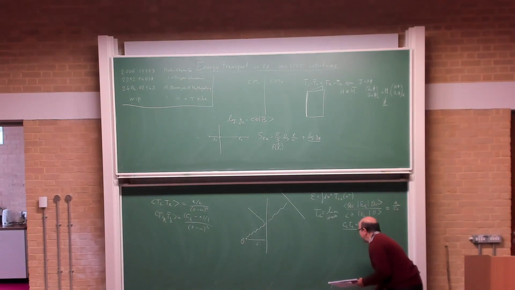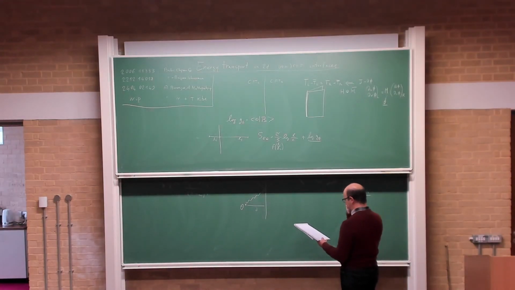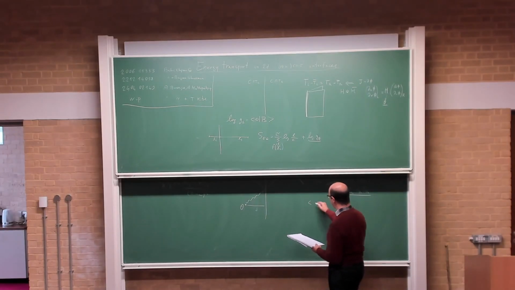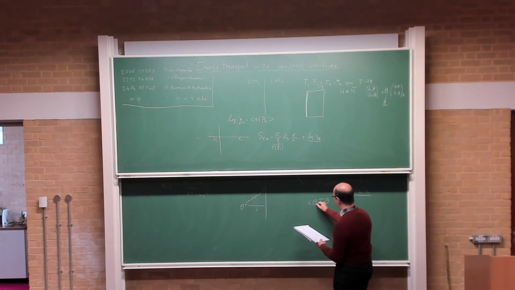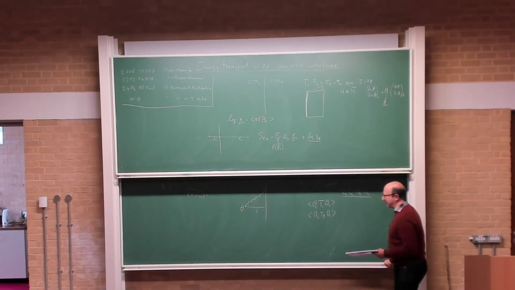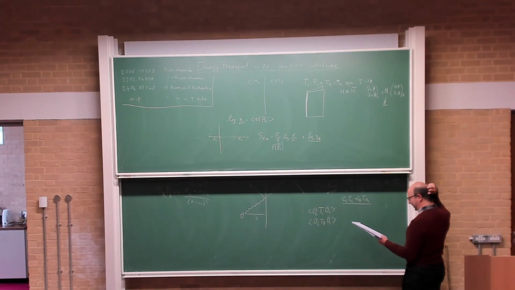Let me do it here. So when O is a holomorphic primary, you can use the OPE and compare these two quantities, which, before the integral, is what enters in this.